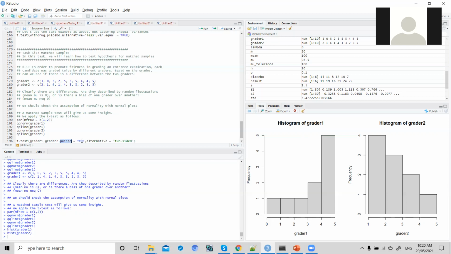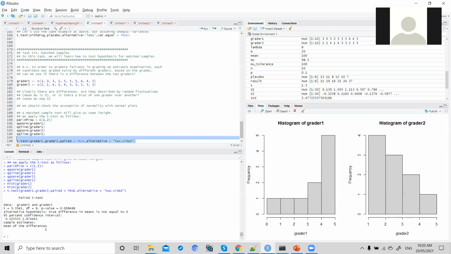Paired equals TRUE means that one result is dependent upon the other. It's paired. So we got this result 0.08, which is greater than 0.05, meaning there is a difference between grade 1 and grade 2.